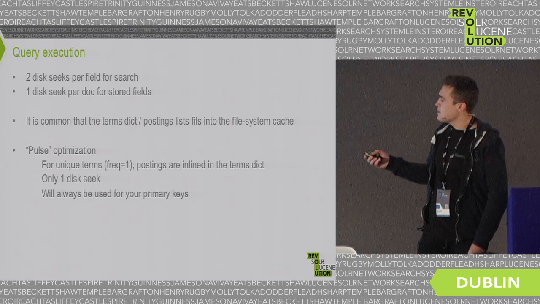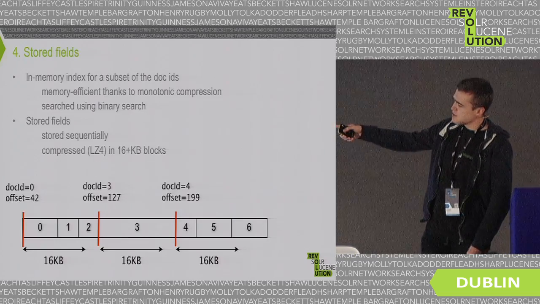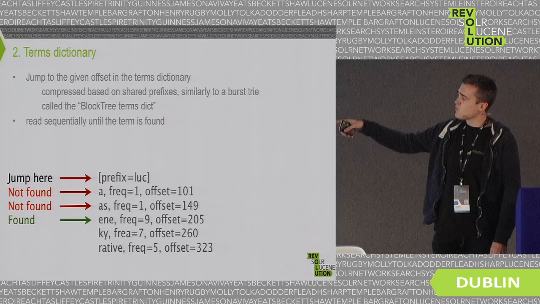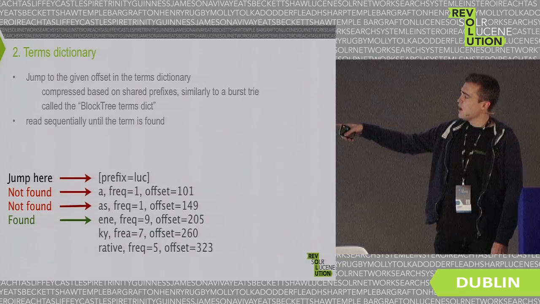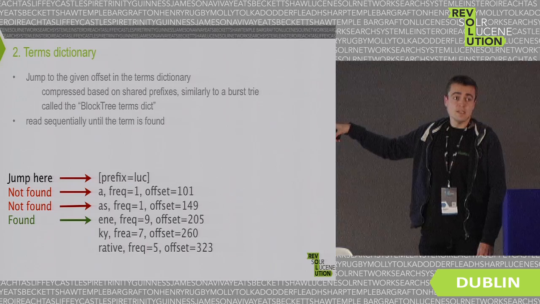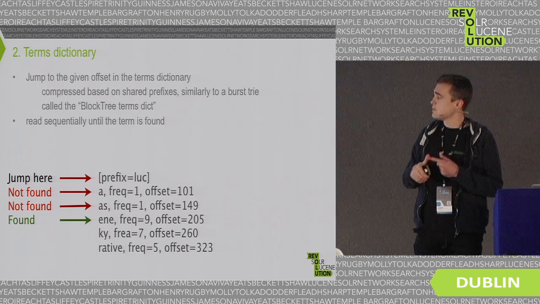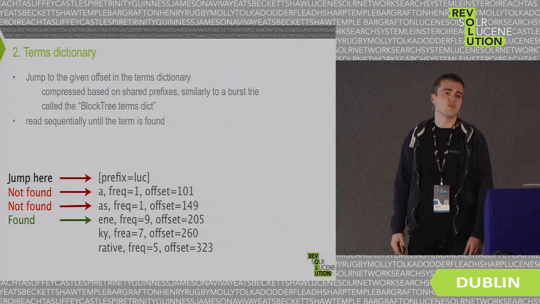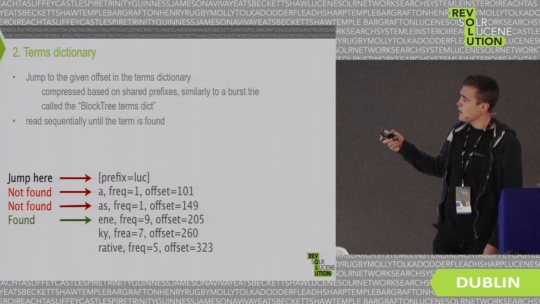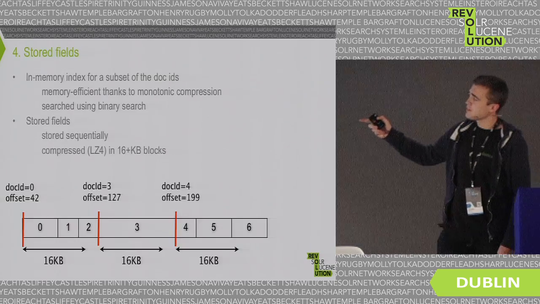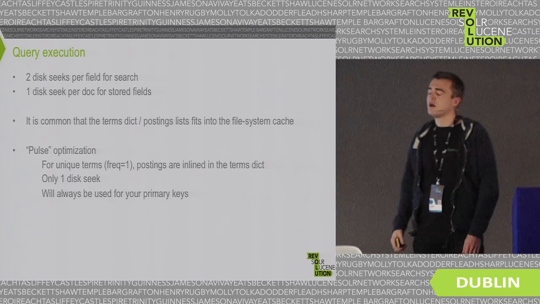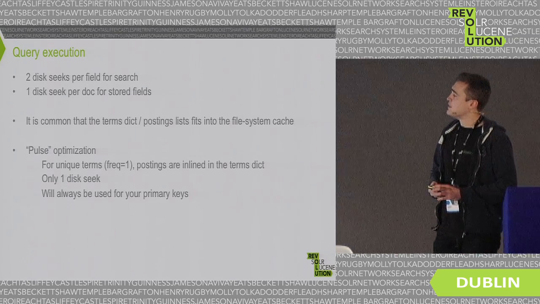If you remember the structure of the term dictionary, instead of storing frequency equal 1 and offset equals 101, it's going to store frequency equal 1 and the doc ID, which is the only matching doc ID for this term, equals, for example, 42. So this means that for all your primary keys, Lucene is going to do only one disk seek in the worst case per field.